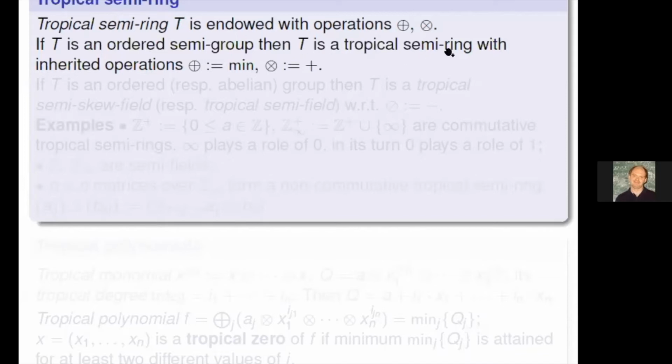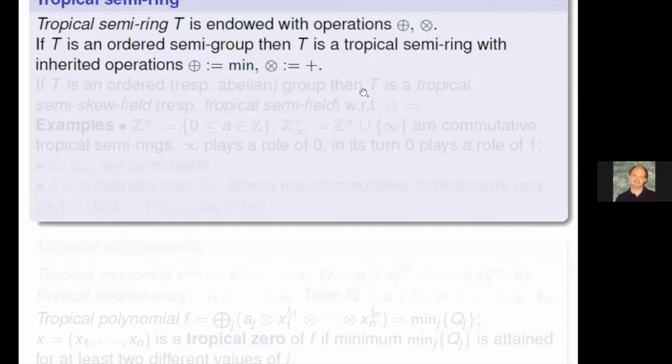And this semi-group induces a tropical semi-ring with the operations where the multiplication operation is the semi-group operation, while the addition in this semi-ring is just the minimum.